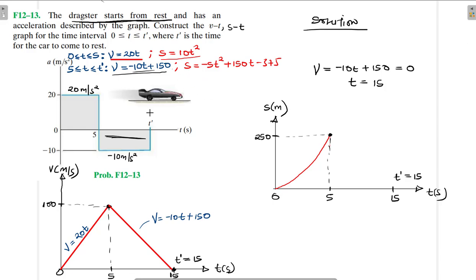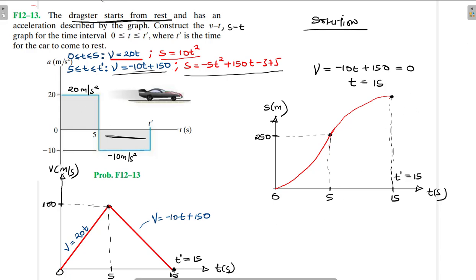So in the second interval from 5 to T prime, which we found as 15, this one here is a quadratic, but it opens the other way around. So it's going to be something like this. This is the point where the slope is 0 for this quadratic.